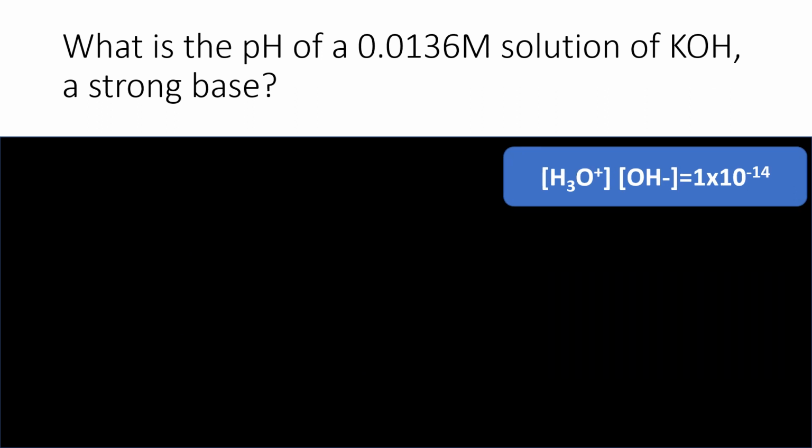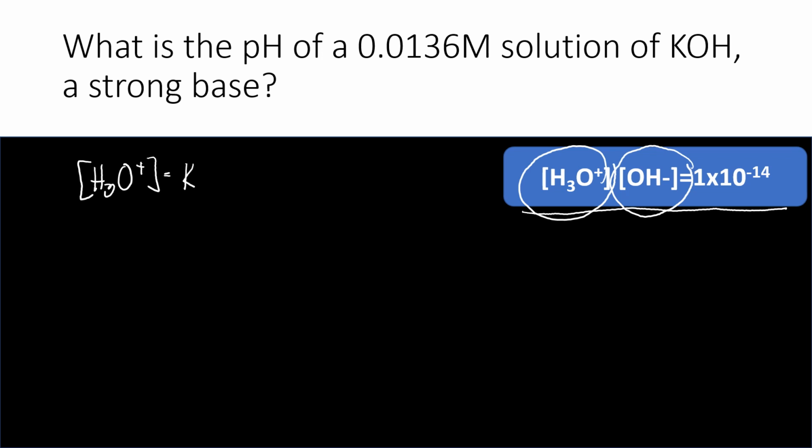So let us try the other method. If you remember the auto-ionization constant of water, we have this formula, and you can figure out the hydronium ion concentration from this one, given the hydroxide ion concentration. So hydronium ion concentration is equal to the auto-ionization constant of water over the hydroxide ion concentration.